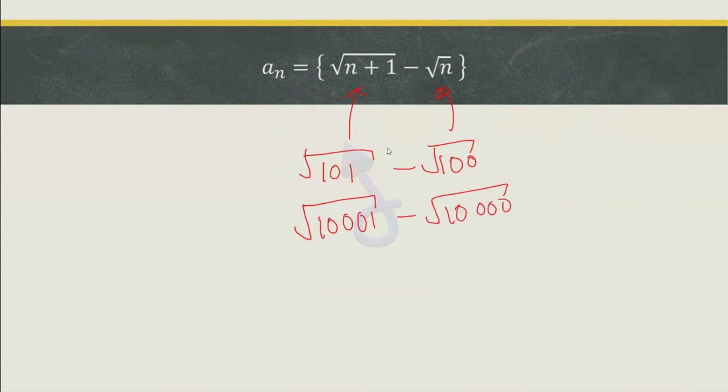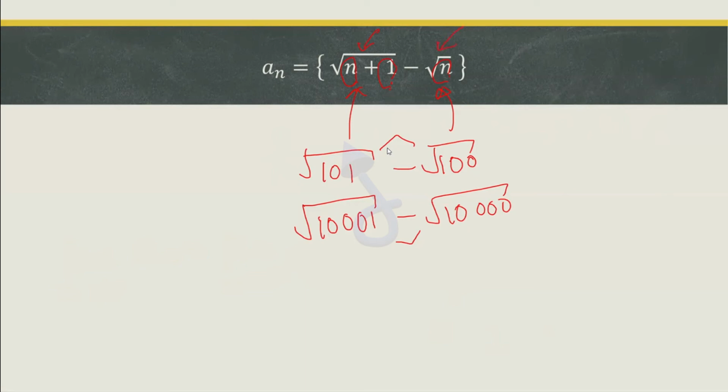Many of you will realize that this difference becomes smaller and smaller because as you increase the value of n, 1 becomes less and less significant compared to the values of your n. And so we expect that the first term will be getting closer and closer to the second term as we increase the value of n.